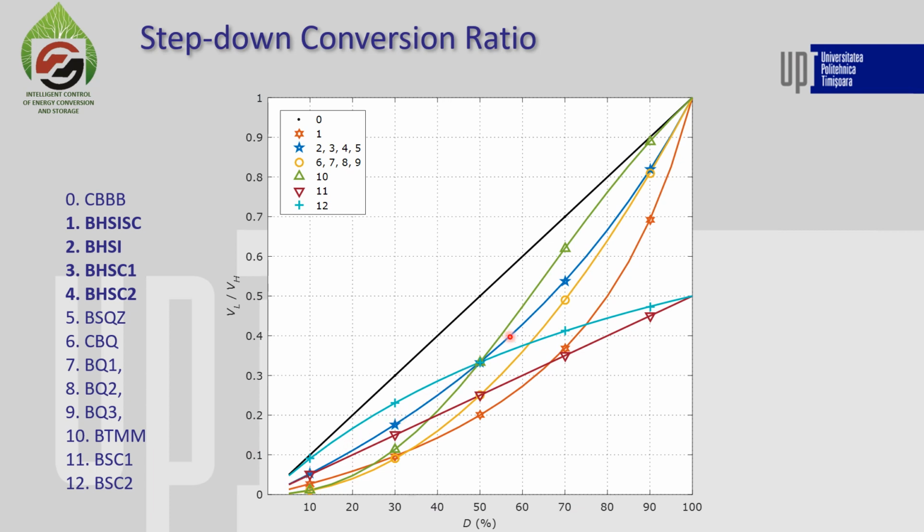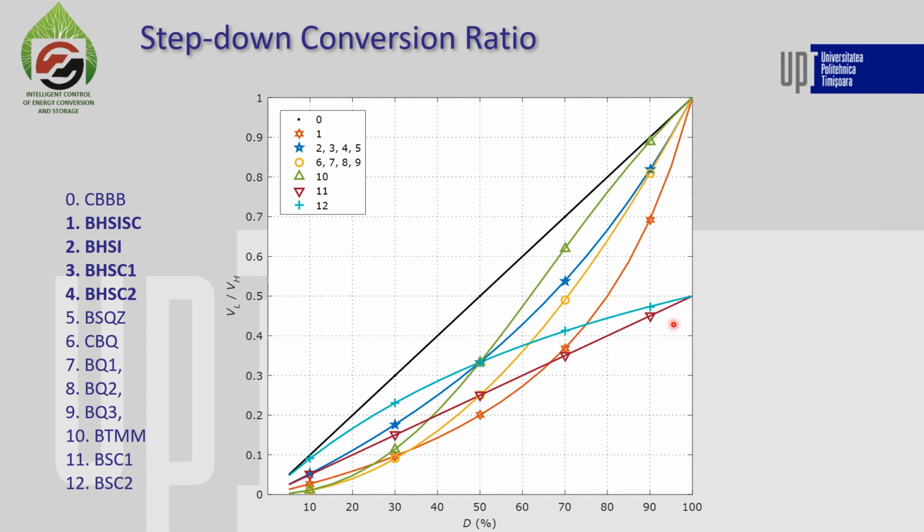Then in the middle, with the blue line, we have the rest of the hybrid converters from number 2 to 4, and we also have the switched quasi-Z source converter with the same conversion ratio. Then we have the 2 other switched capacitor converters, which are limited here at the 50% conversion ratio.